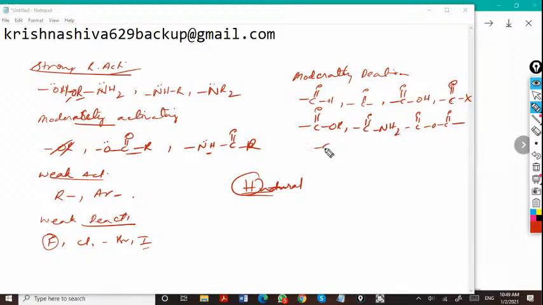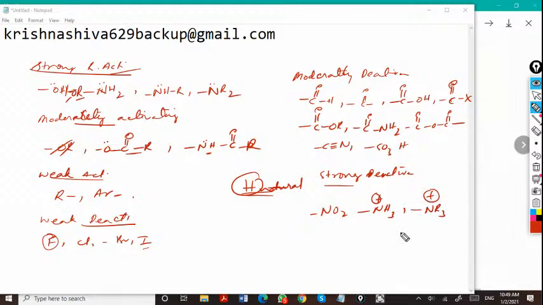Along with them, cyanide and sulfonate are also moderately withdrawing groups. Next, strong withdrawing groups are strong deactivating groups: NO2 and positively charged systems, NH3+ and NR3+.